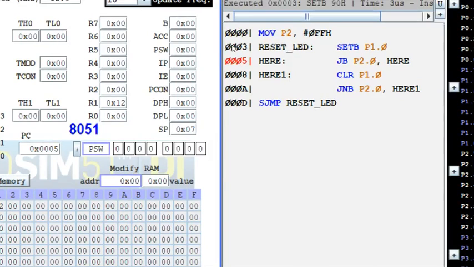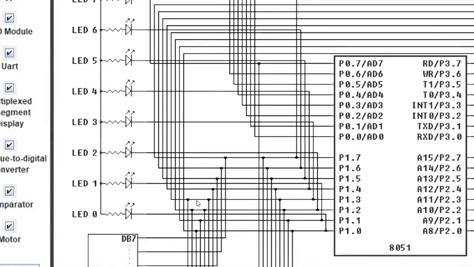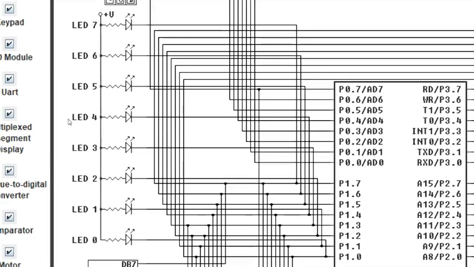We set port 1.0, but still the LED is not on, because if I set it, set means making it high. If I make it high, this particular pin is connected to the LED's N, and the P of the LED is plus 5.